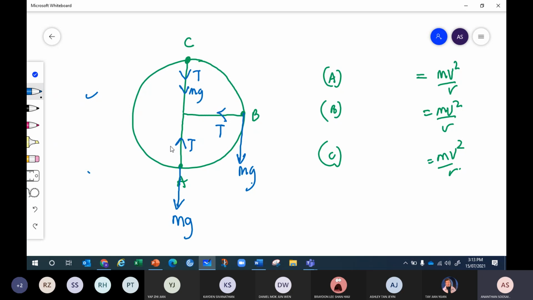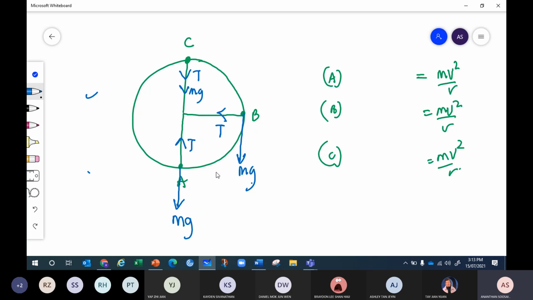Okay, guys, now at point A, what equals the centripetal force? Remember what I told you last class. Whatever force acting towards the center minus whatever force opposing it is the centripetal force. So at A, what's going to be the centripetal force?